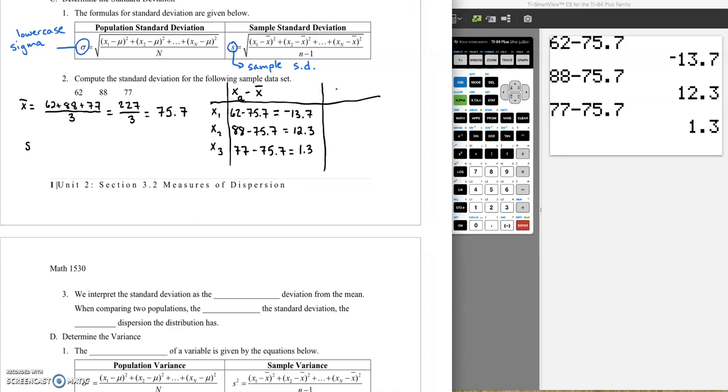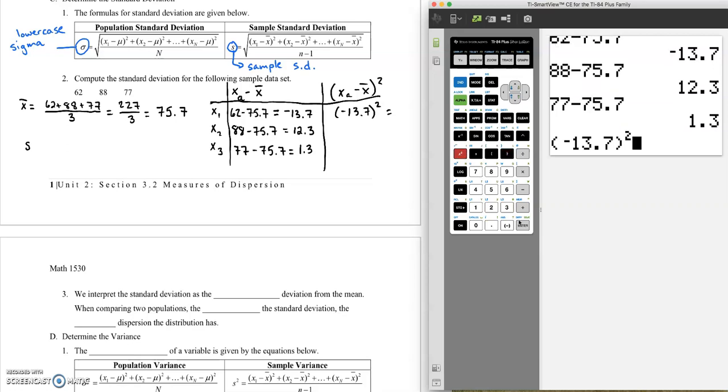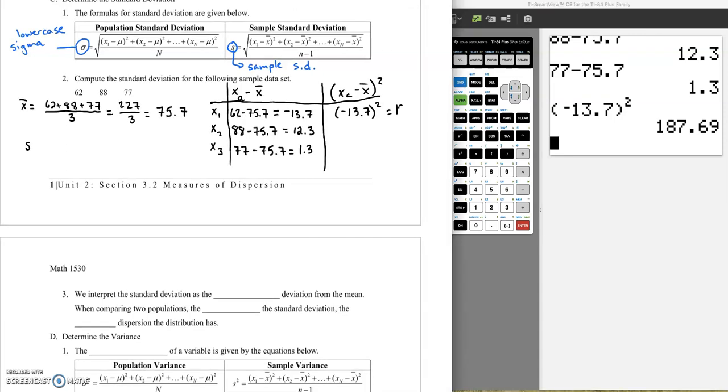Now let's take those numbers and square them. So we have negative 13.7 squared, which is, remember, it's very important you put that in parentheses. We need all our answers to be positive here. So that is approximately, let's say 187.7. We'll stick with 1 decimal place here.